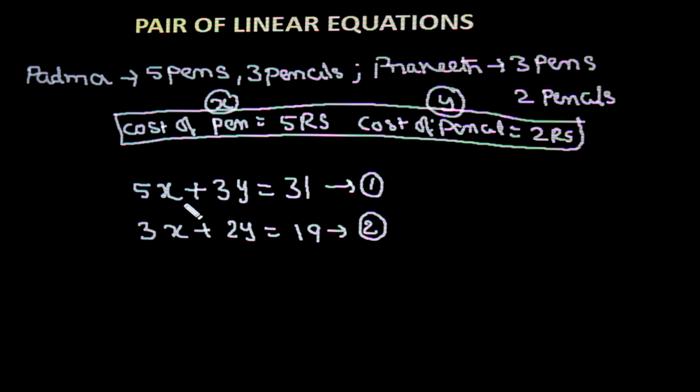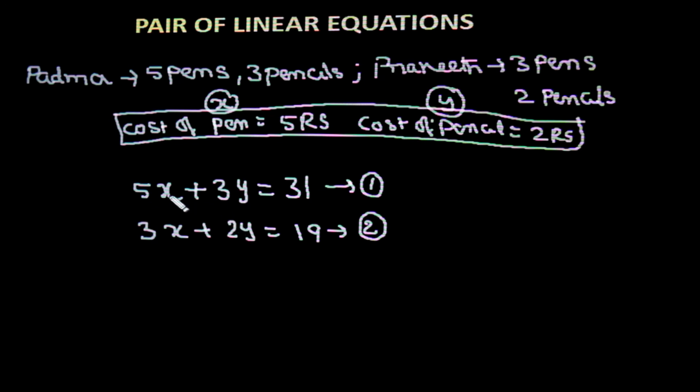In the elimination method I explained adding or subtracting, but here all terms are positive, so adding these two will not give the answer. There is no minus, therefore only subtracting. Before subtracting, the coefficients of x or y must be equal.